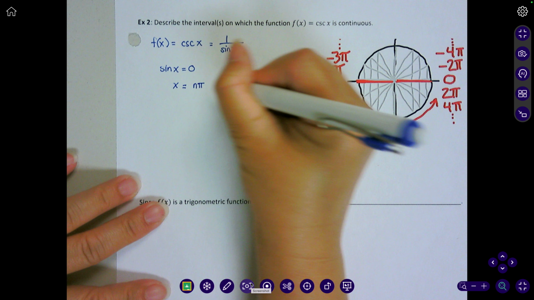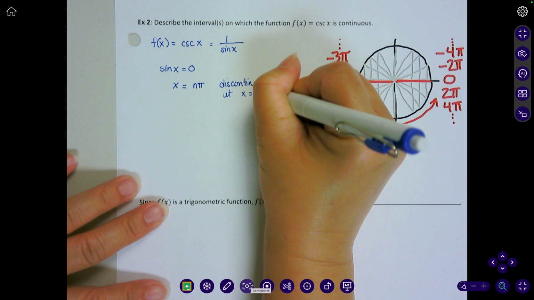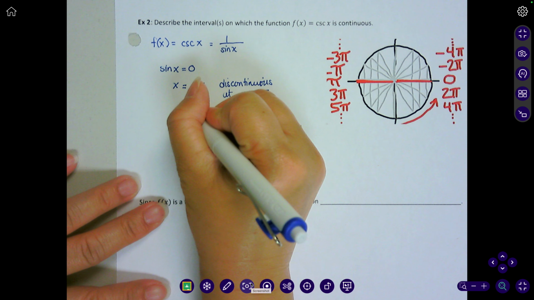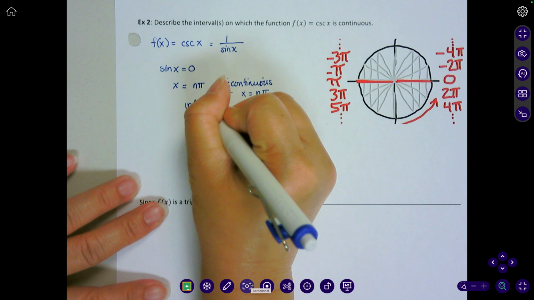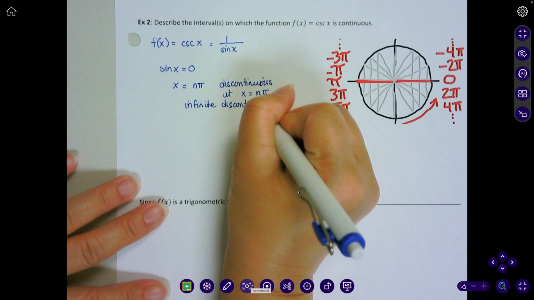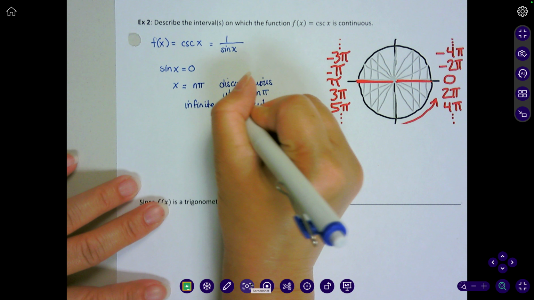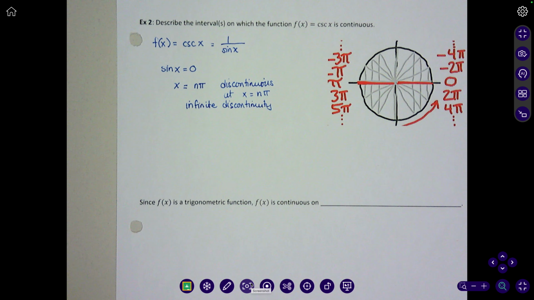So discontinuous at x equal to n pi. And what we're going to have is that infinite discontinuity. And if you like, Ms. Ron, what is that? That's when your function has a vertical asymptote. Okay? So make sure you know that.